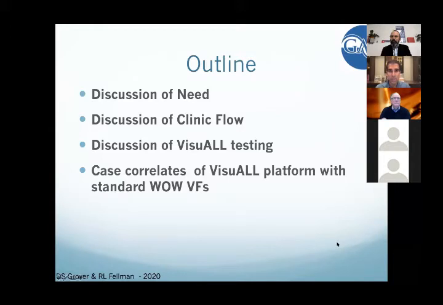Then we'll discuss clinic flow using this platform, and then get to the meat of the details of VisuALL. The most exciting part, which made Ron and me very curious and interested in this technology, was the clinical examples that we're seeing on a daily basis.